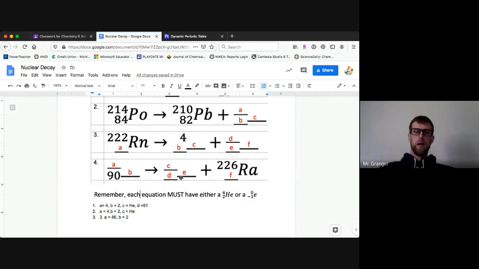So B is going to be 2, and C is going to be He, the symbol for an alpha particle or a helium nucleus. Continuing on to our second portion, if we know this is 4 over 2 He, we can subtract 4 from the alpha particle from the total of 222. So 222 minus 4 makes letter D 218.